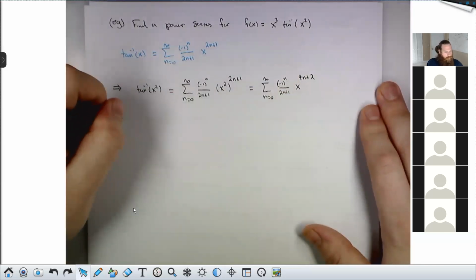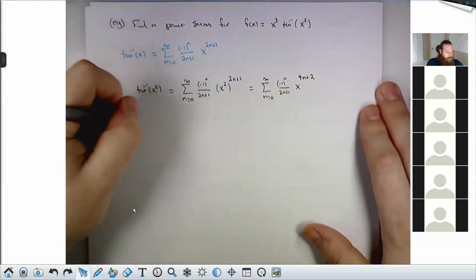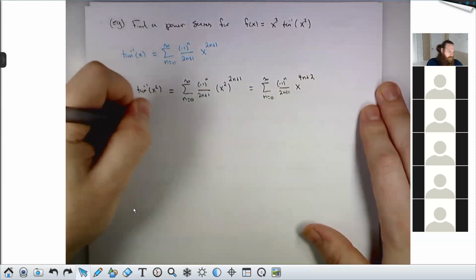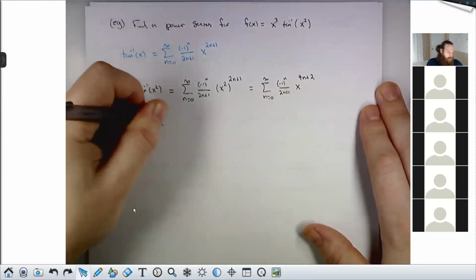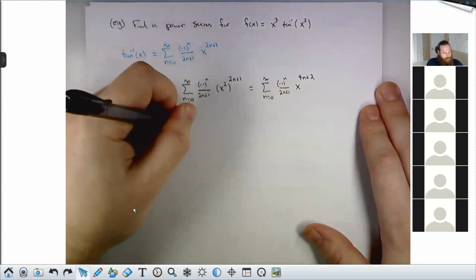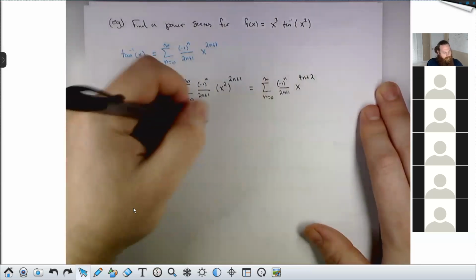And now I can multiply everything by x cubed. So x cubed times arctan of x squared would be x cubed times this series.